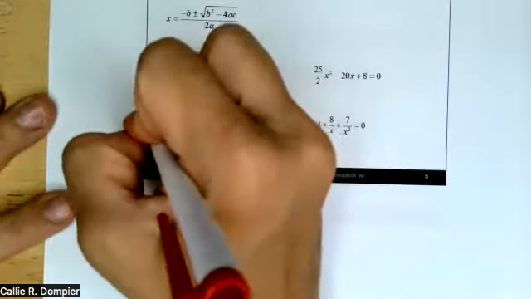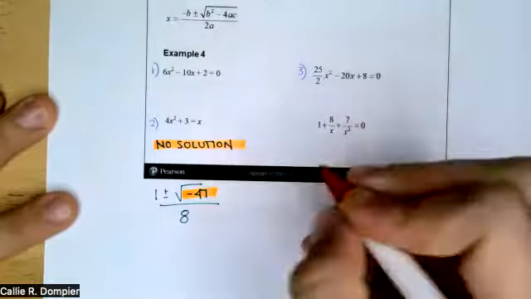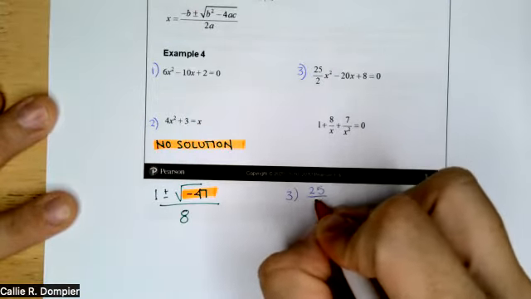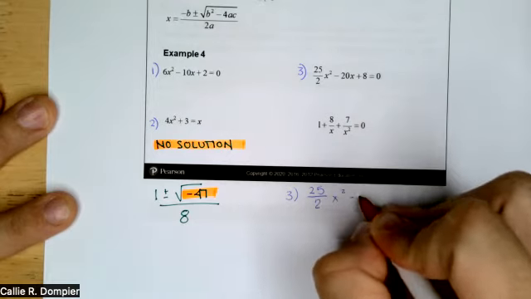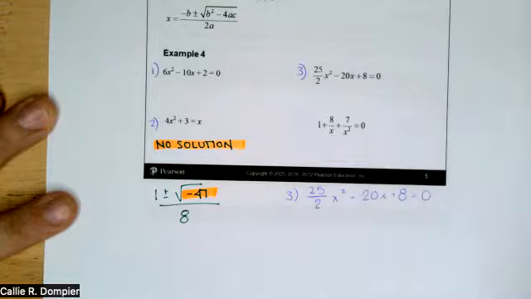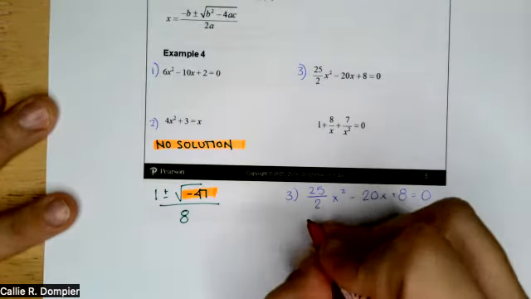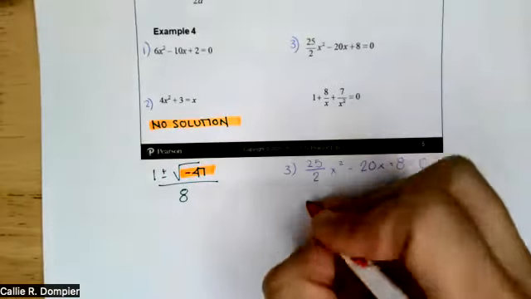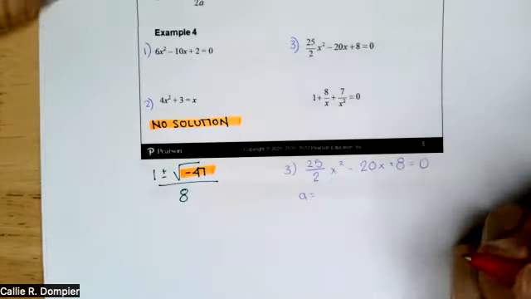So we'll call this 1, 2, 3 is 25 over 2x squared minus 20x plus 8 is 0. Again, because we're only doing the quadratic formula, we just want to find a, b, and c. A is 25 over 2.